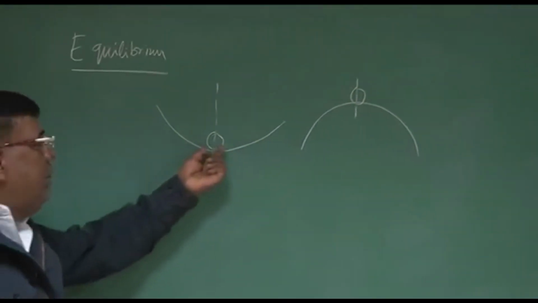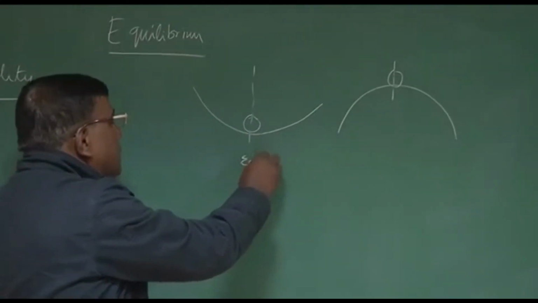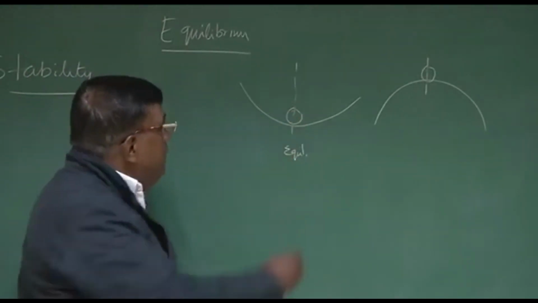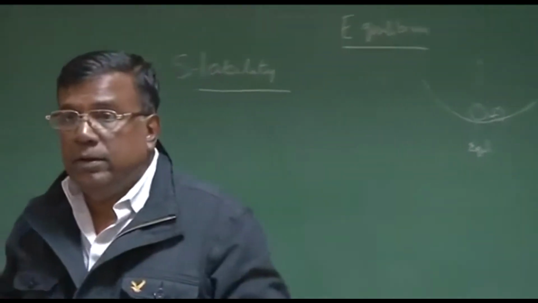So if I displace this body from its equilibrium, this is the equilibrium, okay? Where all the forces and moments are balanced. If I disturb this from this equilibrium, and if it has an initial tendency to come back to equilibrium, we say statically stable, correct?